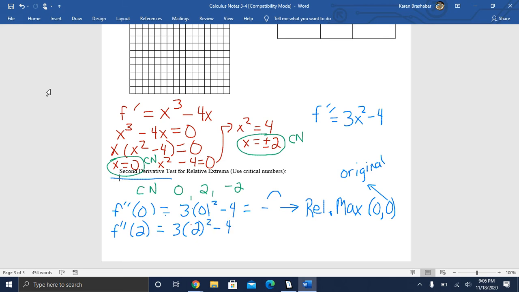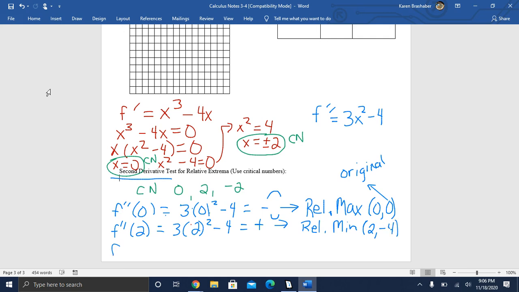So that would be 3 times 4, which is 12. 12 minus 4 is 8. That's positive. Because that's positive, think of that as concave up. So you would have a relative min, and that ordered pair would be 2, and then going into the original problem, you would get negative 4.